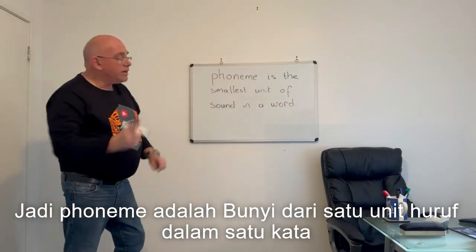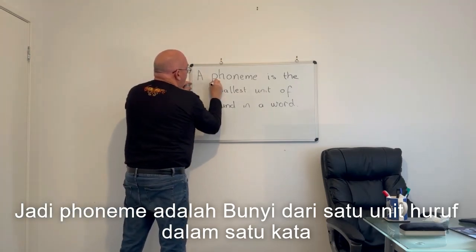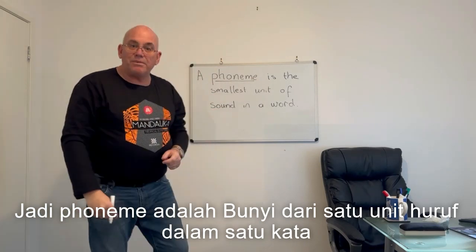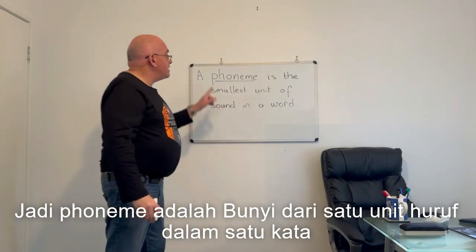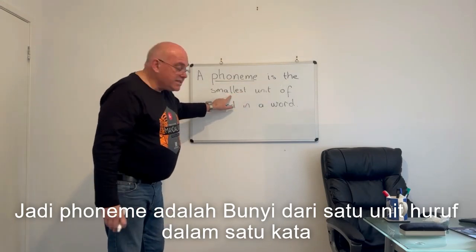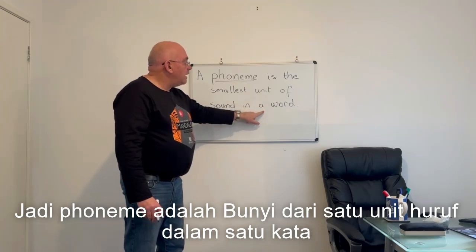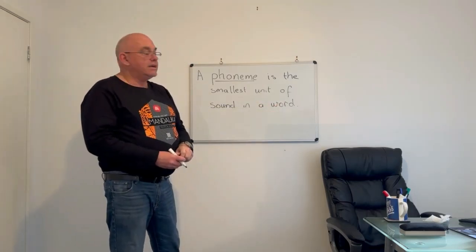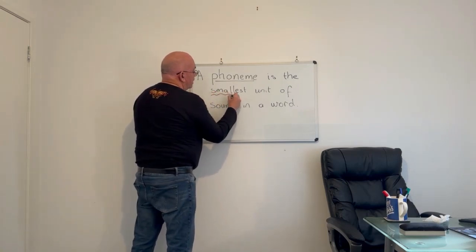Okay, so this is what we say a phoneme, which I've just been talking about. A phoneme is the smallest unit of sound in a word. Okay, the smallest. It's the smallest unit.